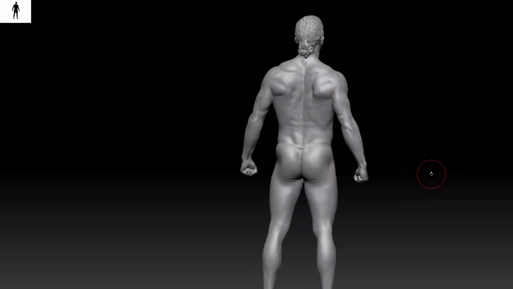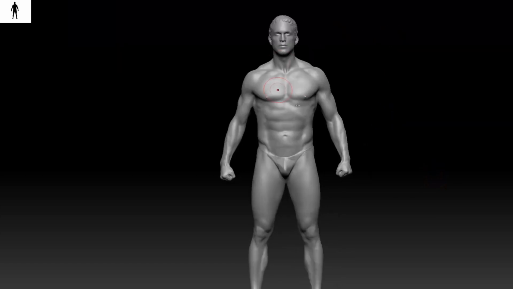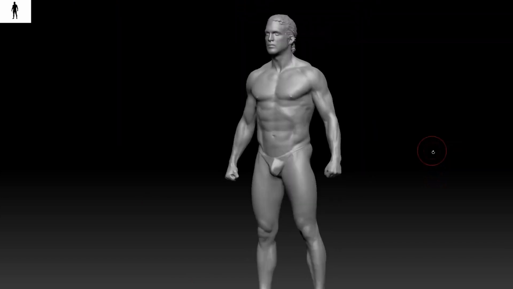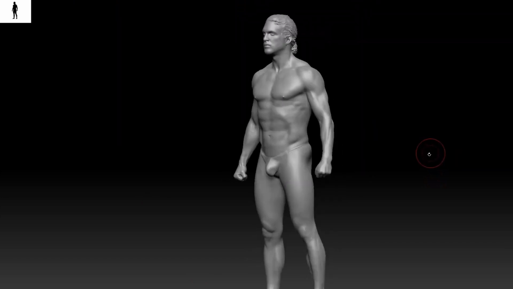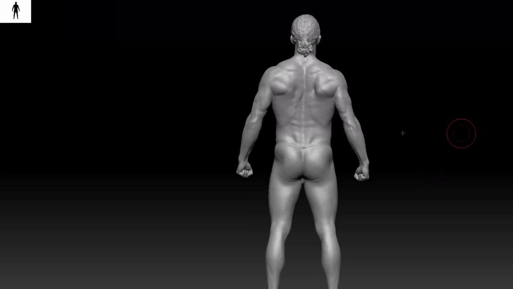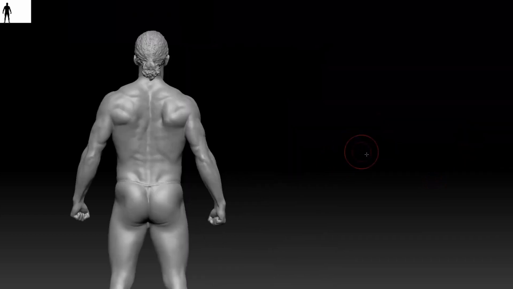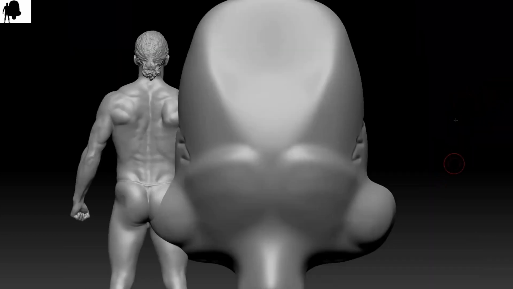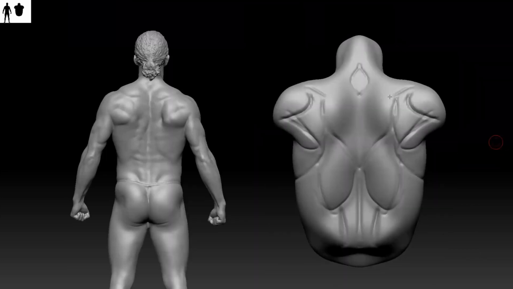And maybe you don't have access to a life model. If you don't, or you don't have access to a life drawing or life sculpting class, then please look into scans as a way of being able to study form in 3 dimensions. So let's start to adapt my sculpt to be something more like this guy.